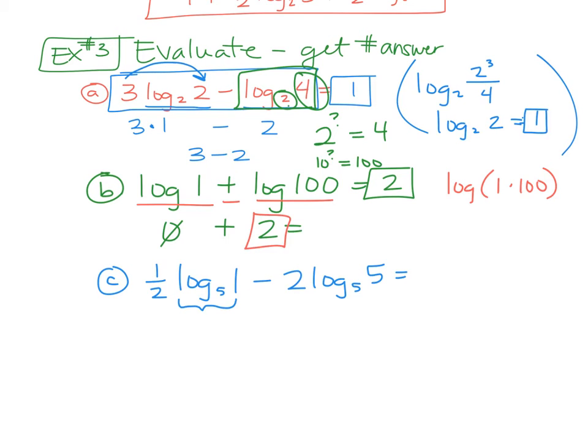Remember, any log 1 is 0. So this is 0, so they're saying 1/2 times 0 minus, what is log base 5 of 5? 1. So this is 2 times 1. So 1/2 times 0 is 0, minus 2 times 1 is 2, so your answer is -2.